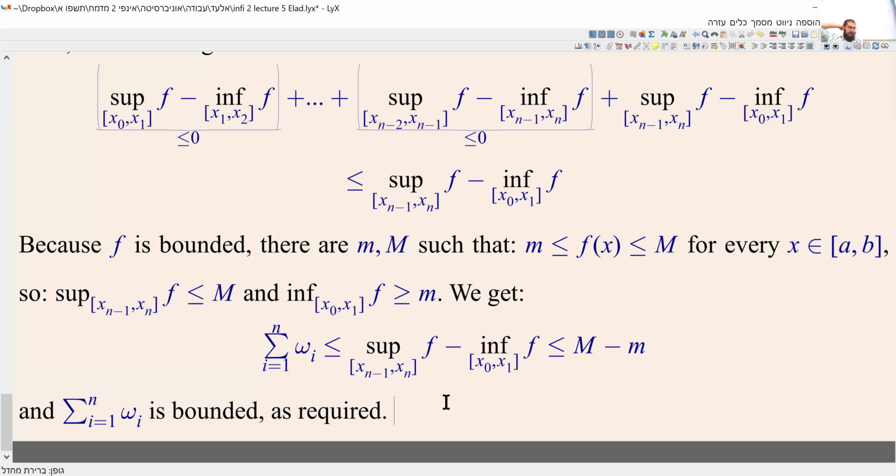So here we proved that if a function is monotonic, then it is integrable. It has area between its graph and the x-axis. And the omega is the difference between the infimum and the sup, for every little segment along the partition.